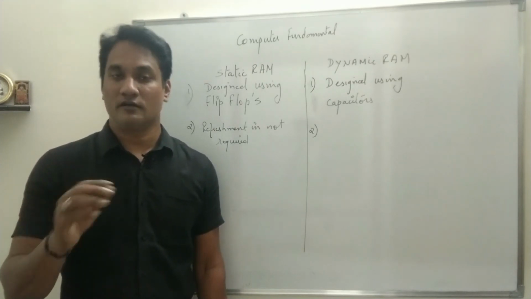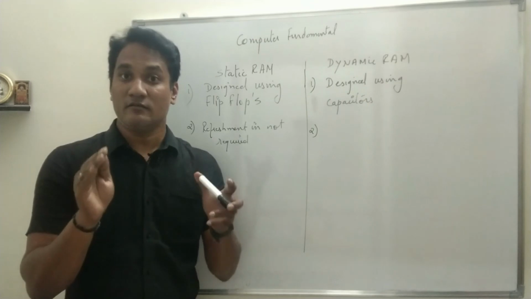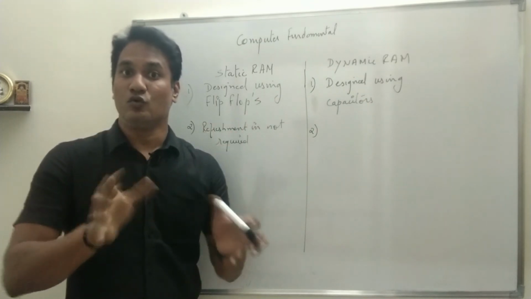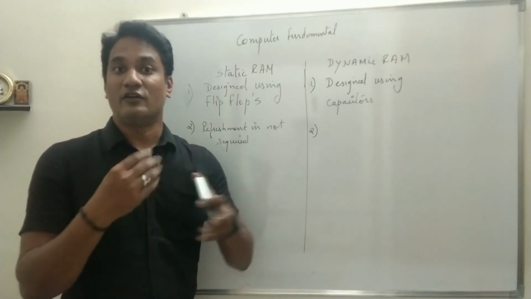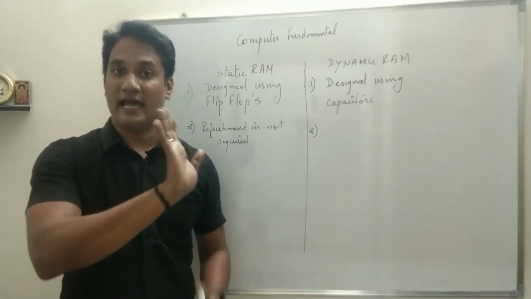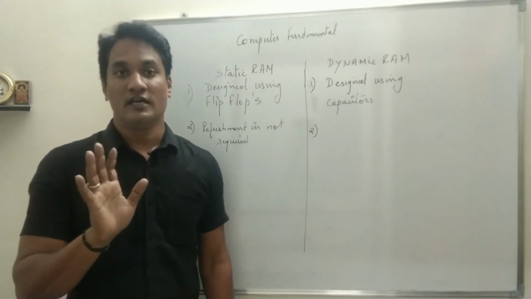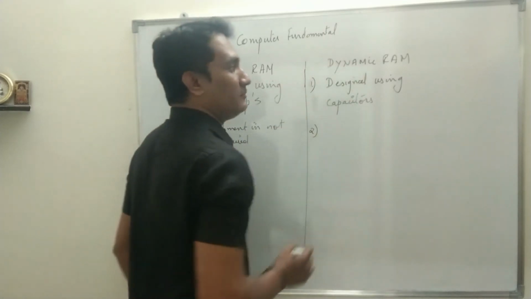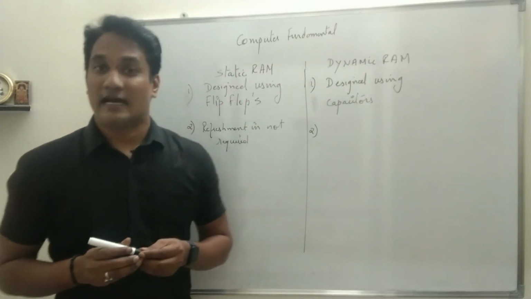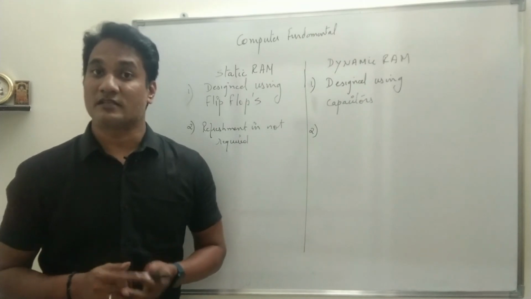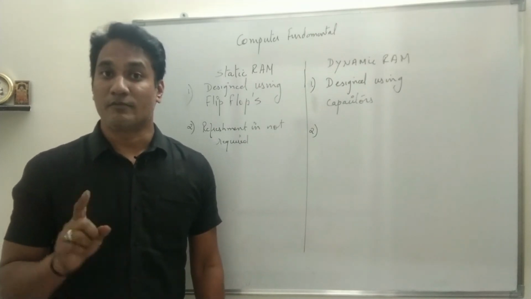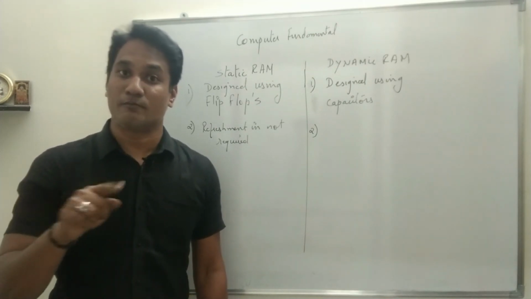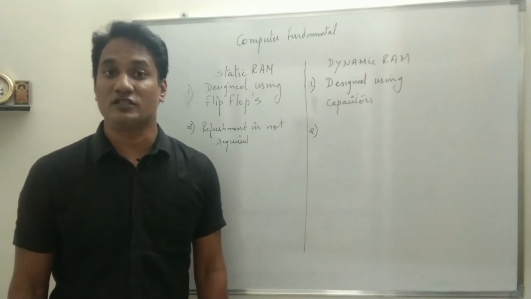Once the power is gone, data will vanish. So when the power is there, you don't need to manipulate the data. The data will remain as it is. There will be no changes unless and until you provide the trigger. But what happens in dynamic RAM is, as I said, capacitors, the basic use of a capacitor is to store charge. A completely charged capacitor is considered as 1, a completely discharged capacitor is considered to be 0.